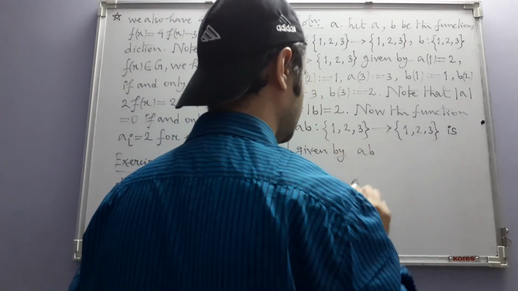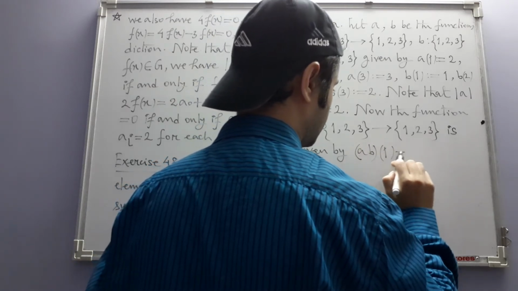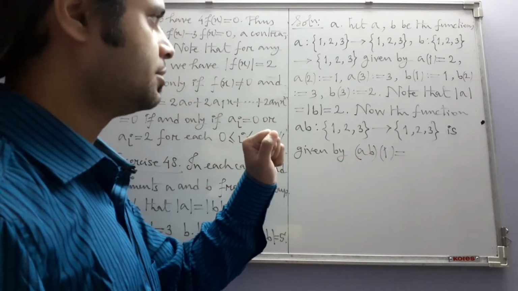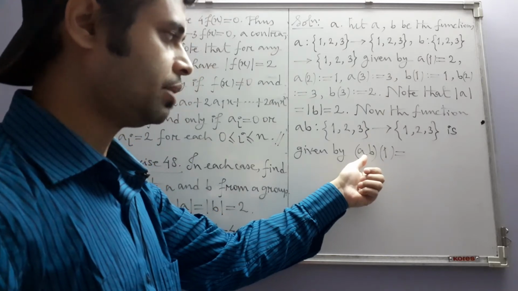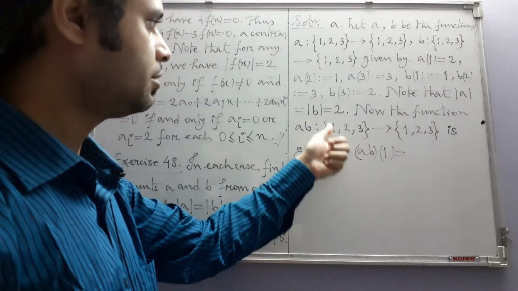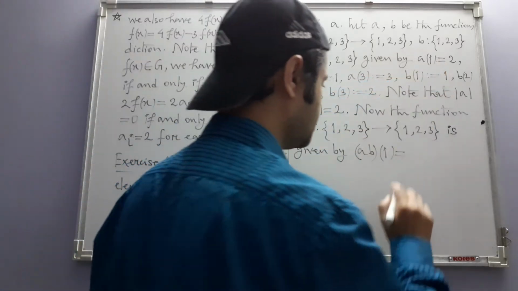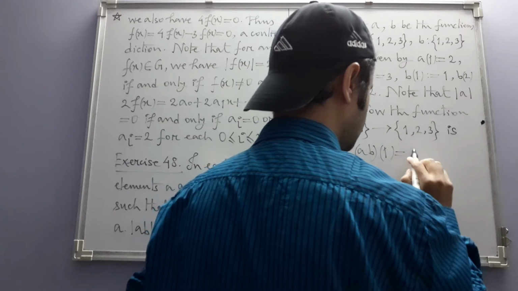we can directly calculate the values. B of 1 is what? B of 1 is 1, and on that one, if we apply A, we get 2. Okay, so this is equal to 2. In fact, let me just show it for once.